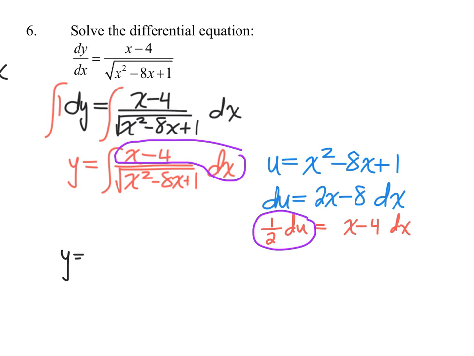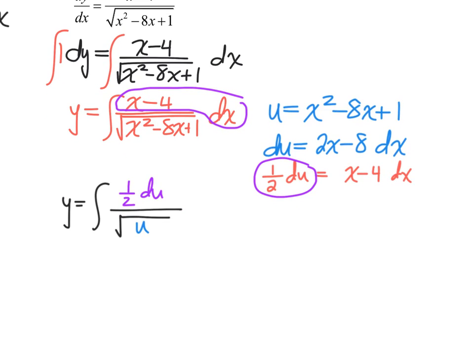So I'd be looking at y equals the integral of 1/2 du over the square root of just the u. We'll clean that up a little bit. Definitely much simpler than what we started with, and that's the objective here. We're looking at 1/2 u to the negative 1/2 du.